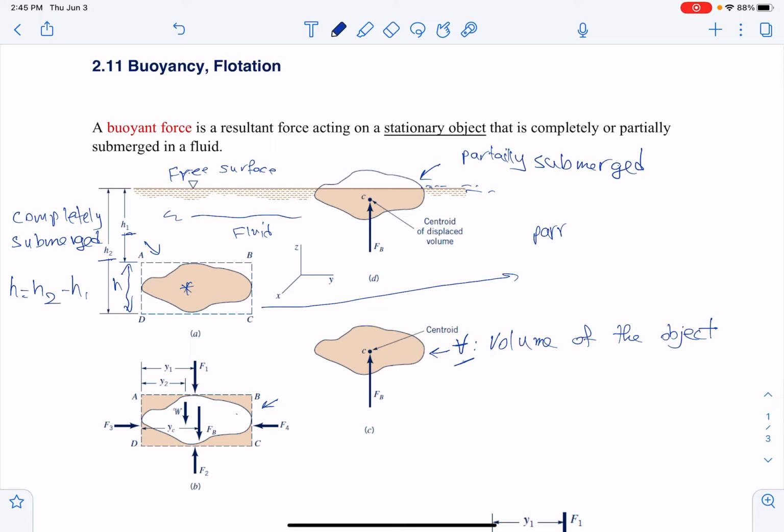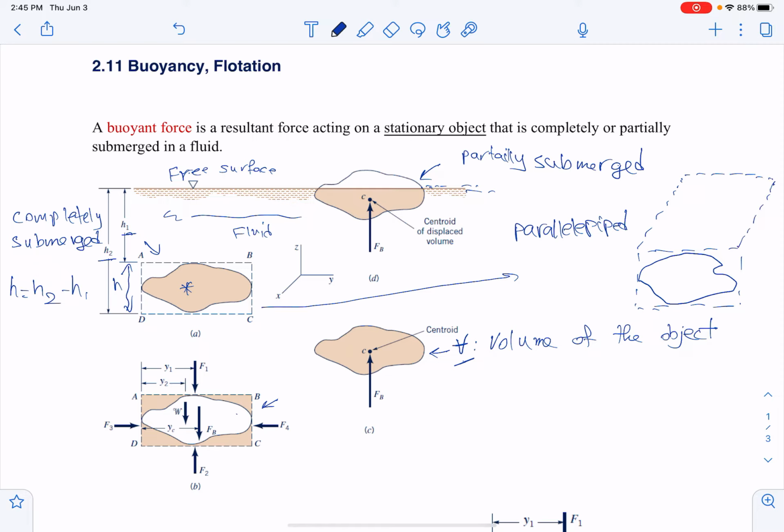Let's draw that parallelepiped here. If this is the arbitrary shape, and then if I go through the pages, this is going to be your parallelepiped shape.